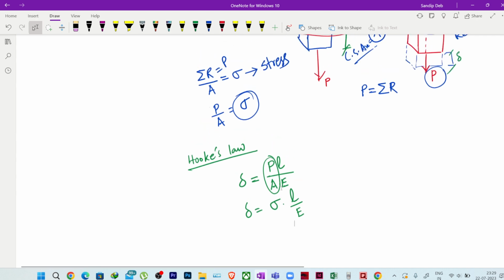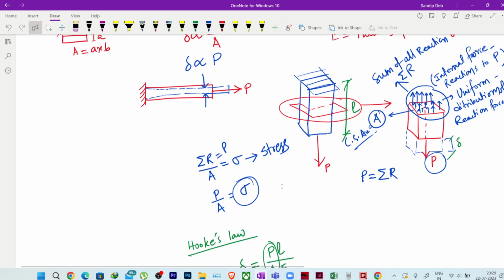Okay, so the first thing we have done. Now let us do one more thing. We have applied some load, our total length was L and the change in length is delta. So if we take the change in length over total length, how much change has happened in the total length?